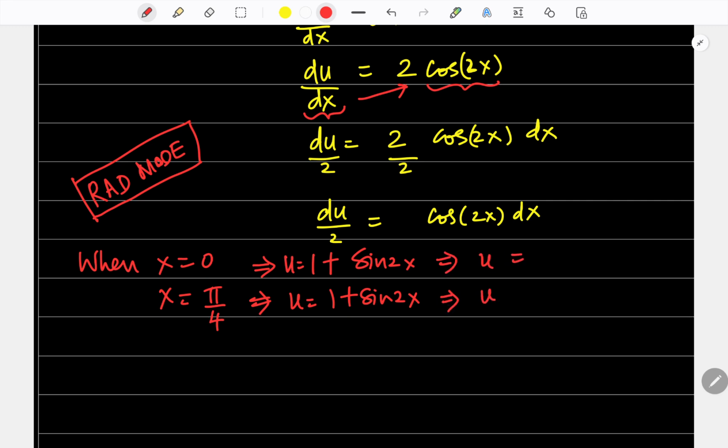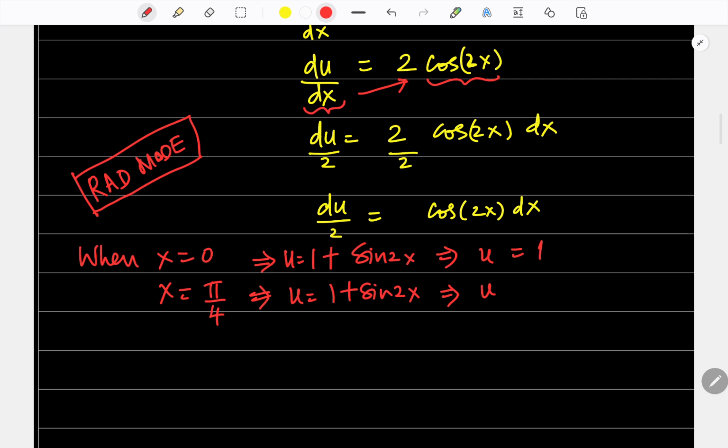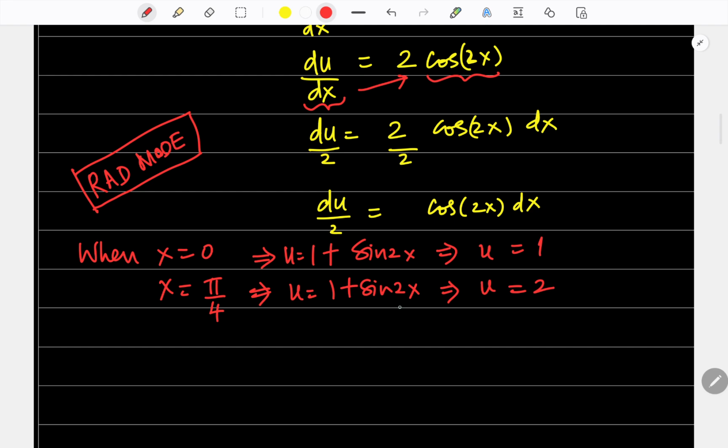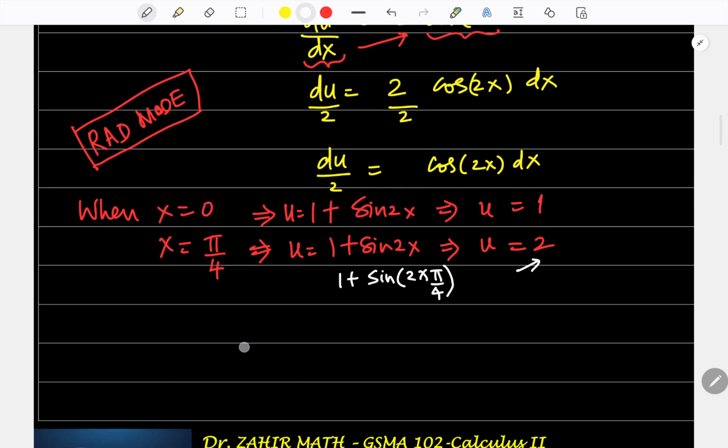Put in the calculator, you will get u is 1, and then u is equal to 2. Carefully do it: put in the calculator 1 plus sine of 2 multiplied by pi by 4, everything inside the brackets. Keep that in your mind. You will get u is equal to 2. Okay. Right. So the limits are converted into 1 to 2. Right.